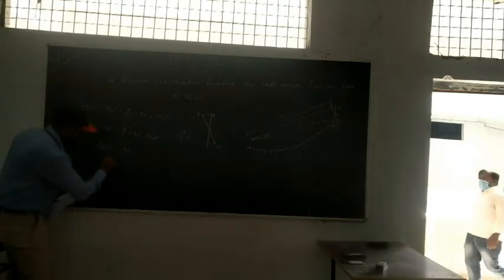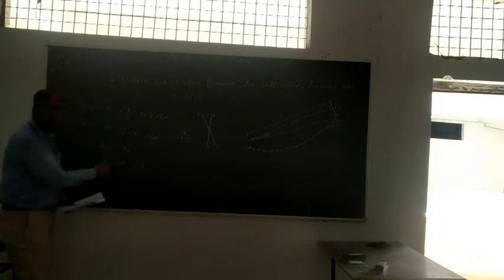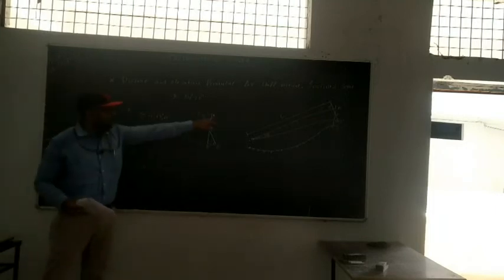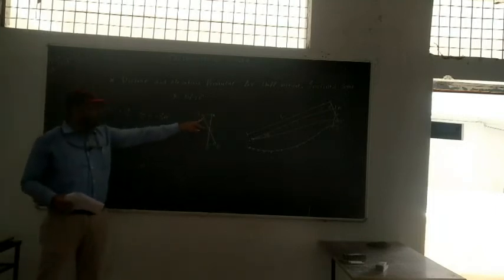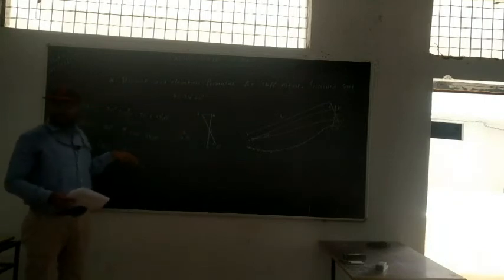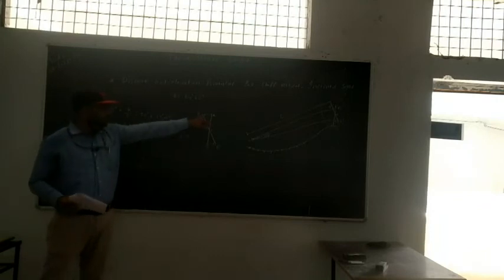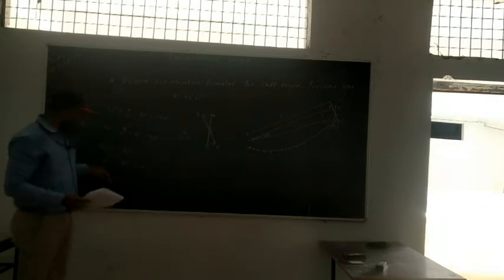Now I will take triangle A C A dash. In this, A dash C is equal to AC cos theta. Taking the angle A C A dash, because this angle is 90 degree, what will be the formula here?